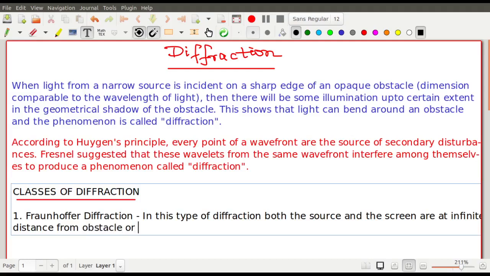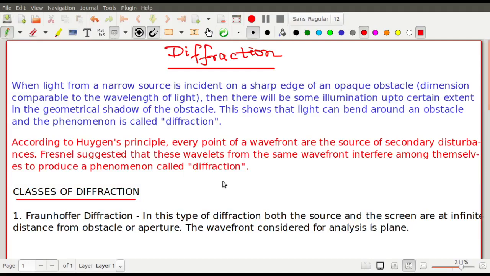So diffraction can also occur in an aperture, right? The wavefront considered for analysis is plane. So here I will be dealing with a plane wavefront.